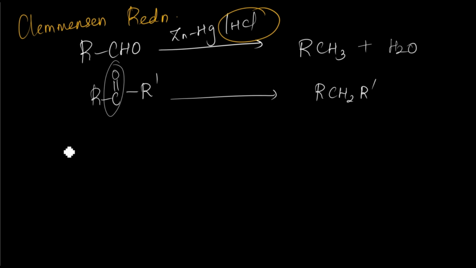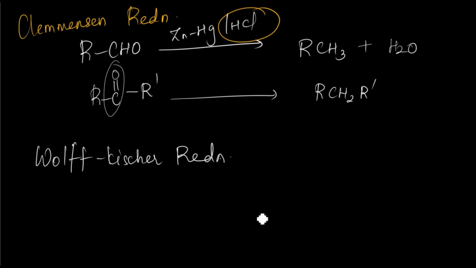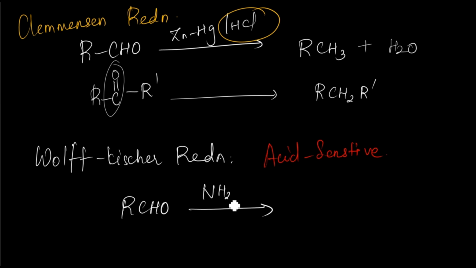Then what we can do is go with Wolff-Kishner reduction, which can be used with acid sensitive functional groups as well, because here we are using base. Let's say I have RCHO, the reagent is hydrazine with KOH, that will give you RCH3.